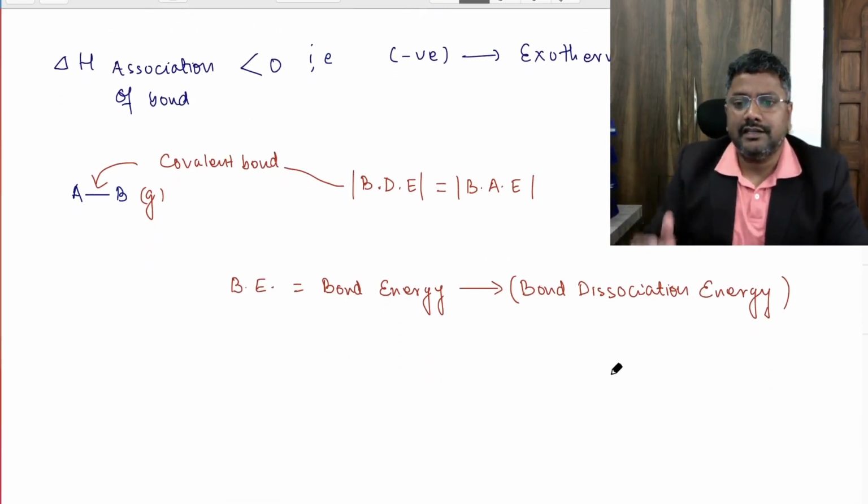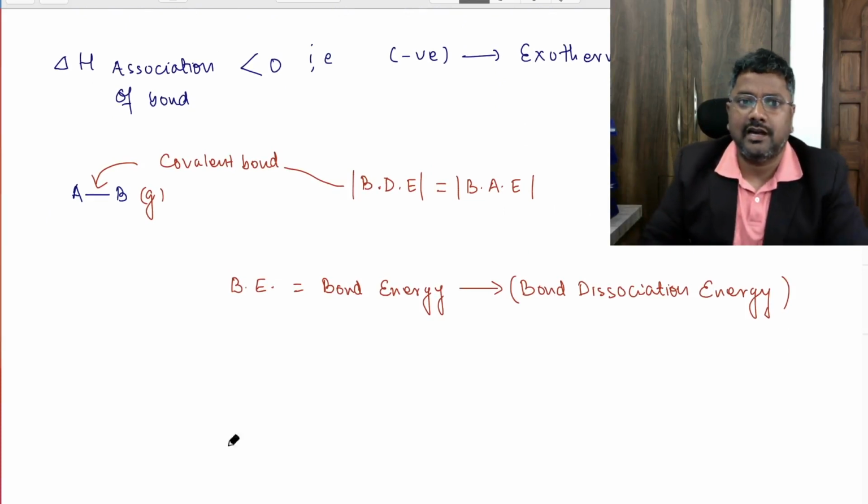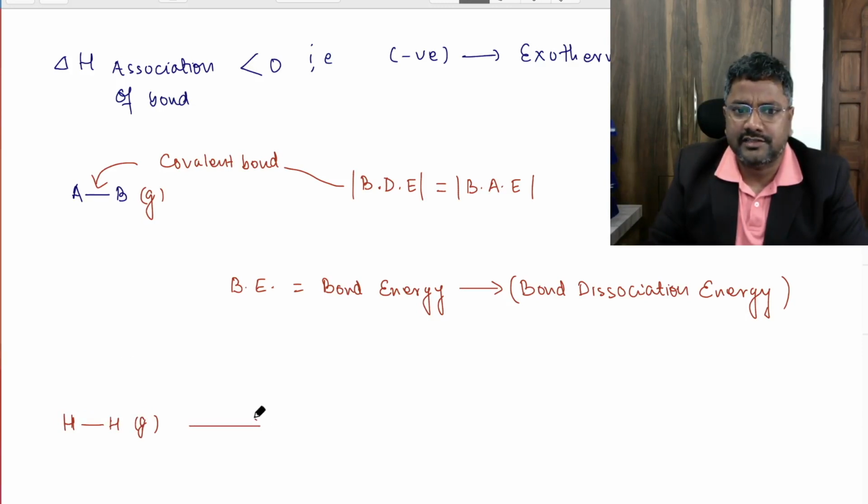One more thing here: in the case of a diatomic molecule, a simple molecule like hydrogen, suppose we take the H-H bond in the gaseous state, although it always exists in the gaseous state.